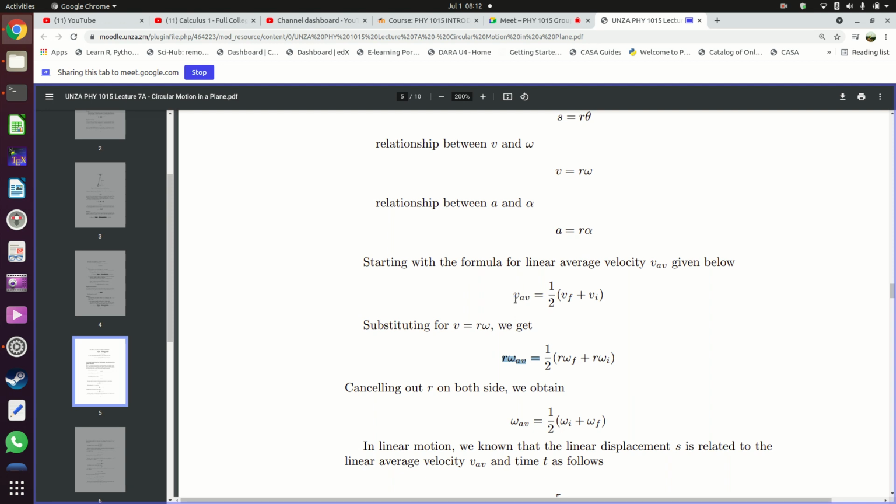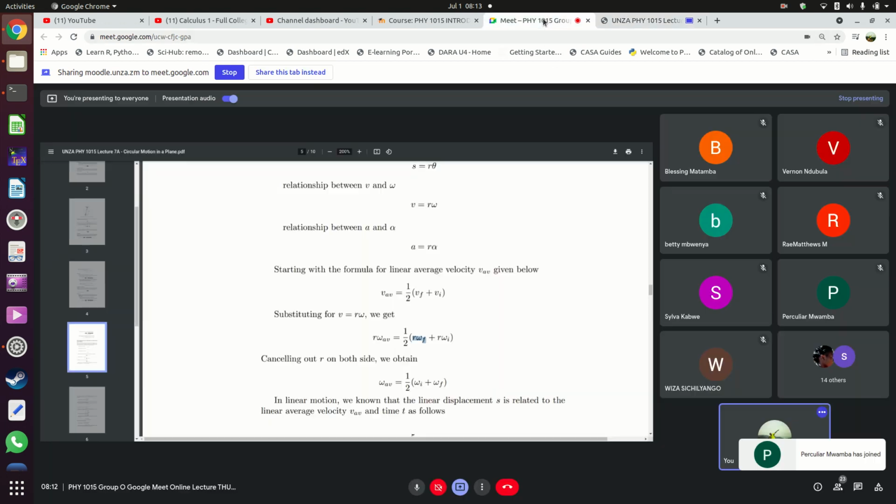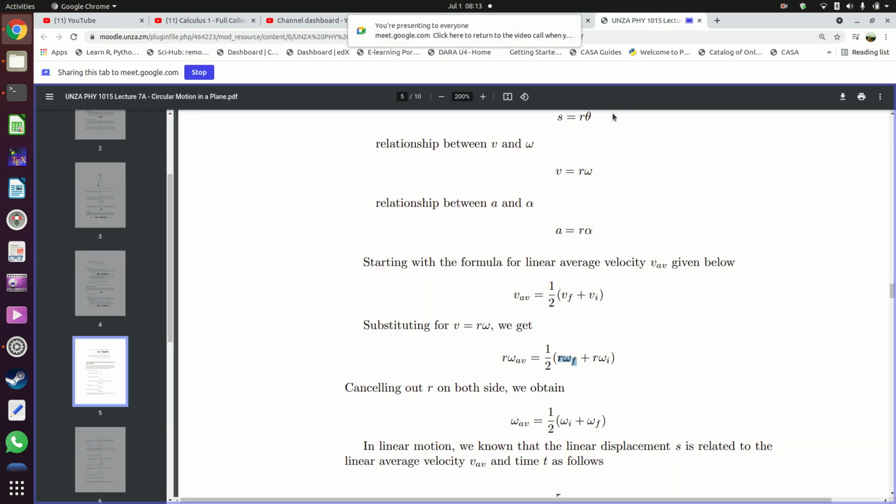We are simply replacing v with r omega and maintaining the subscripts, so you end up with r omega average equals half of r omega final plus r omega initial. That's how you do the substitution.